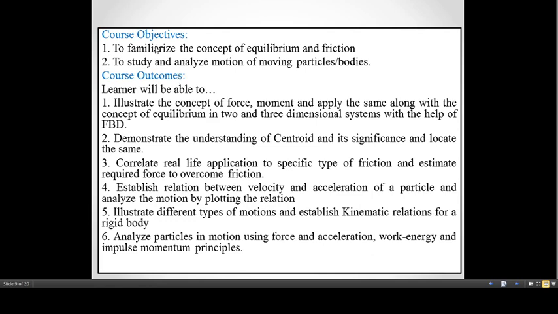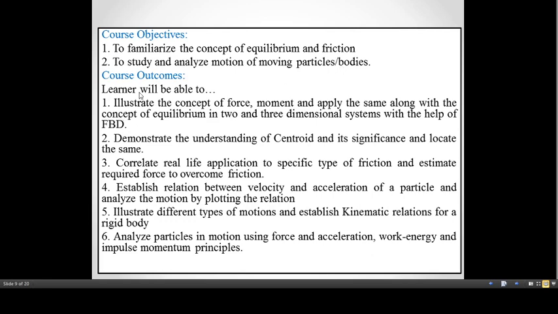Now see the actual contents in the syllabus. So what's about the objectives? Objectives are nothing but here. What's about the basic principles with us? We have to apply those basic principles, and whatever results or conclusions we can get, those are nothing but the outcomes. Now see here, to familiarize the concept of equilibrium and friction, to study and analyze motion of moving particles or bodies.